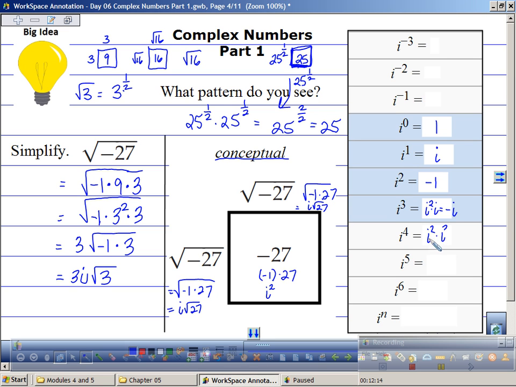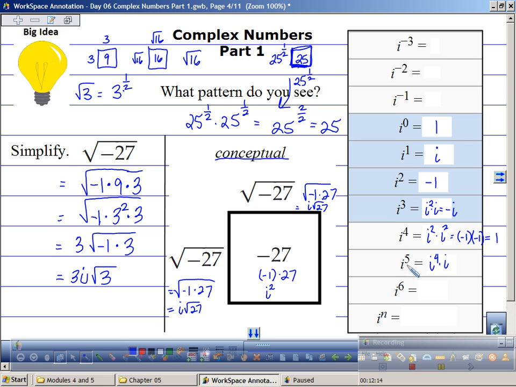What's i squared? So isn't this -1 times -1, which is just 1. What's i to the 5th? It's i to the 4th times i.